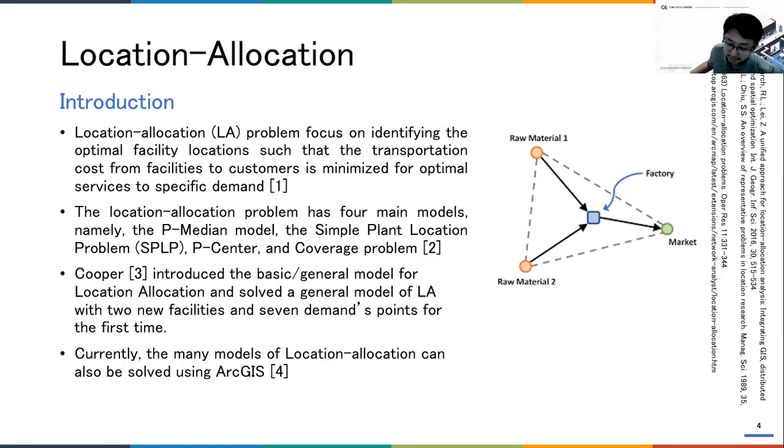So let's start from one of the basic, most discussed facility location problems. This is a group of problems, consisting of several main models, considered under the name of location allocation problem.